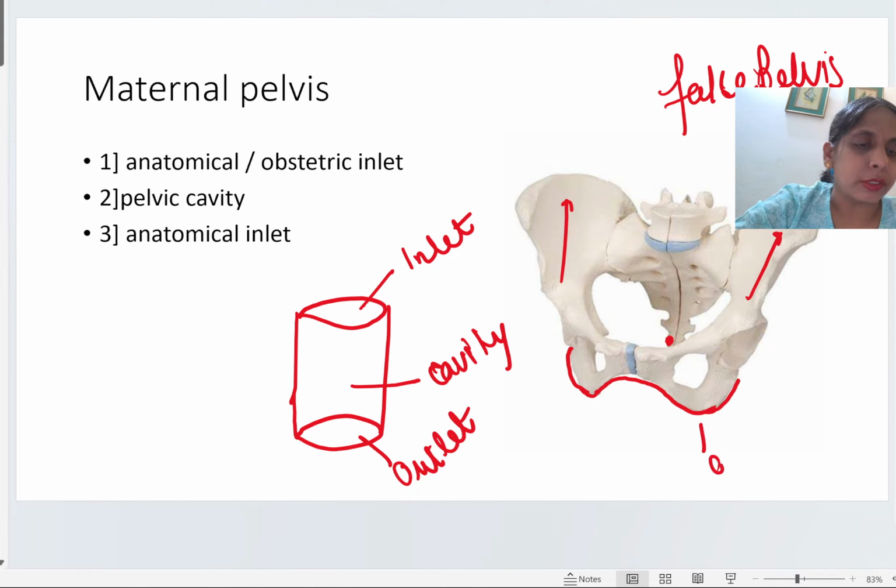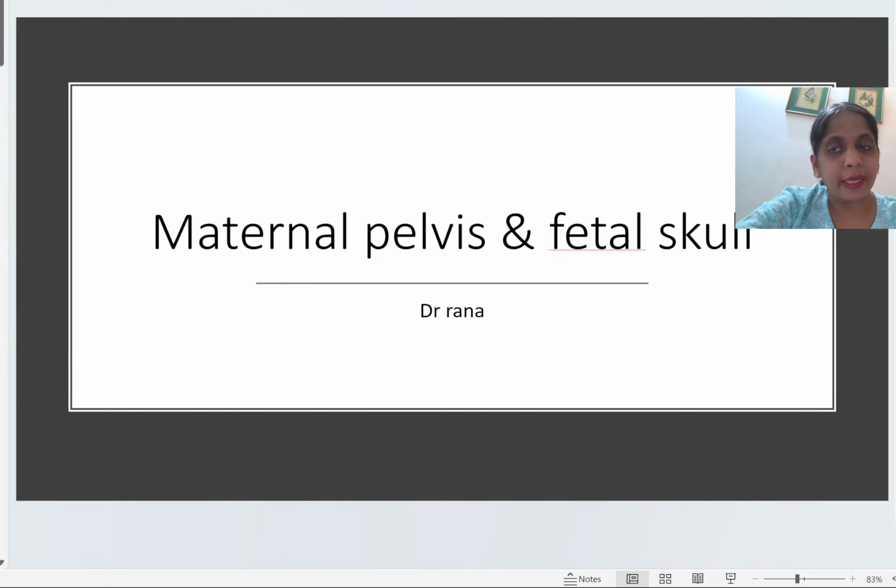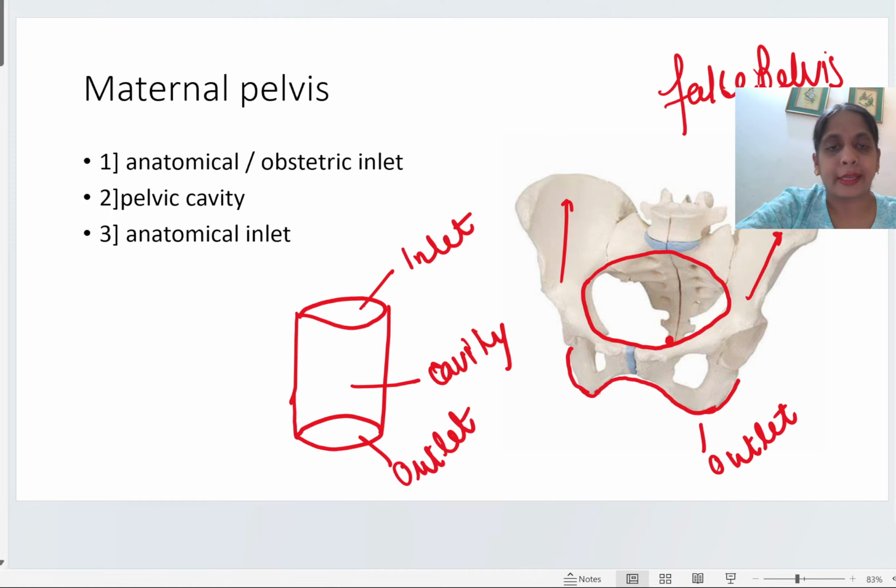So this is the outlet. What I drew earlier was the inlet. The cavity between both of them is the pelvic cavity.